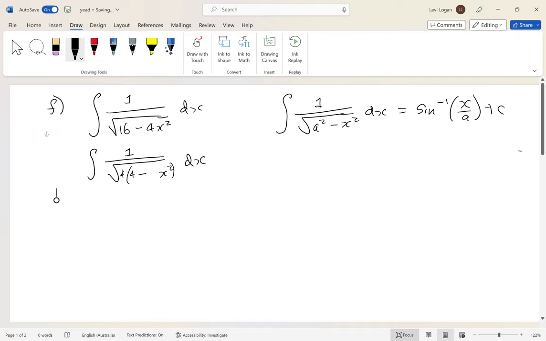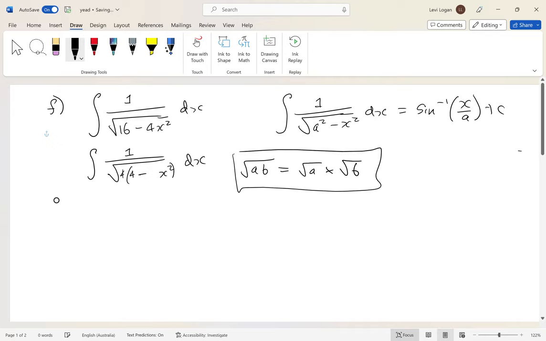Recall if you have a surd, the square root of a times b is the same as the square root of a times the square root of b. That's just a simple surd law. So applying this law, we can go the integral of 1 over the square root of 4 times the square root of 4 minus x squared dx.